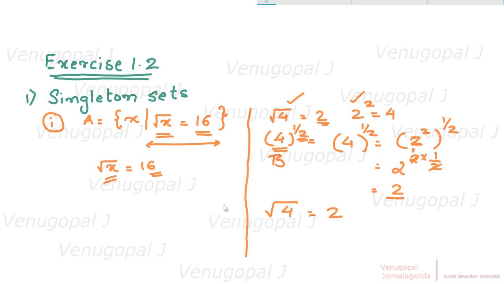Similarly, there is some x for which the square root is 16. So how do I find this out? By logic, we will square both the LHS and the RHS.